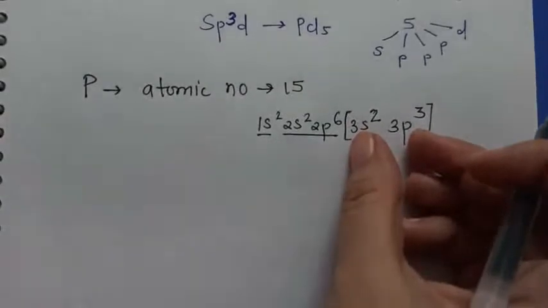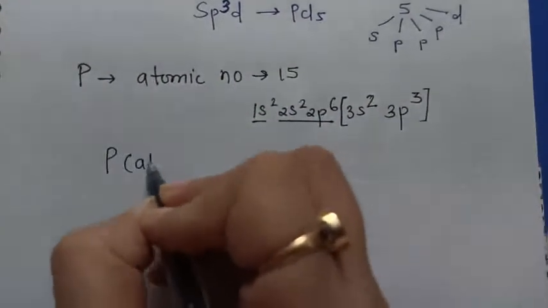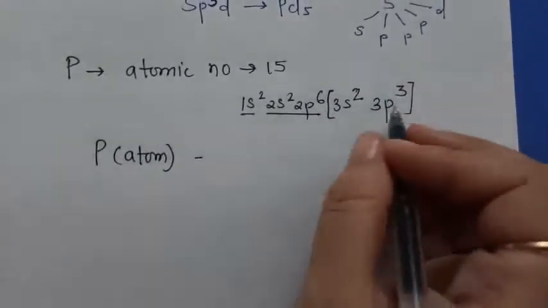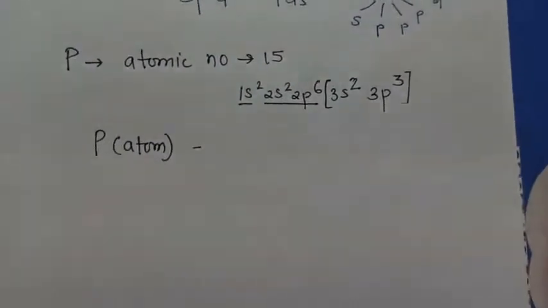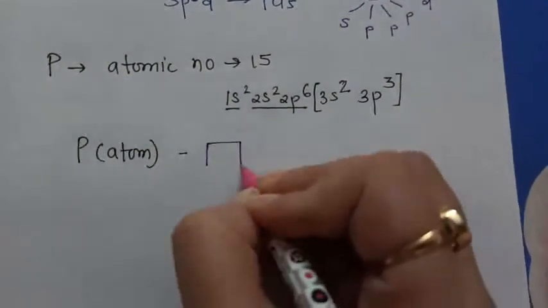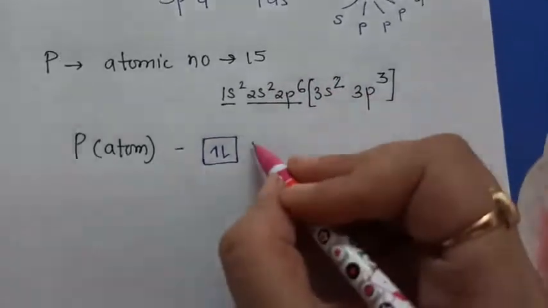Only this much we have to consider and draw. In the elemental state of phosphorus, it has the configuration written above, and for doing the hybridization we will have to draw only 3s2, 3p3. Remember this, otherwise you will have doubts, right?